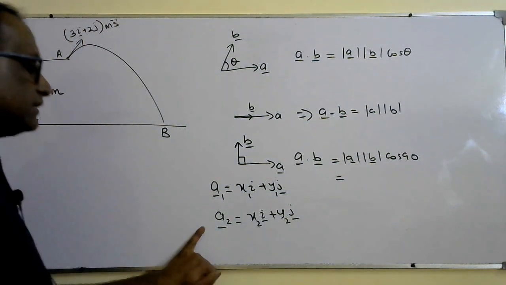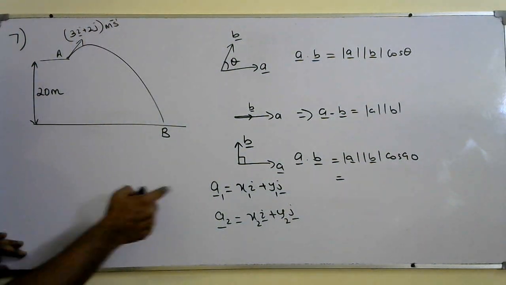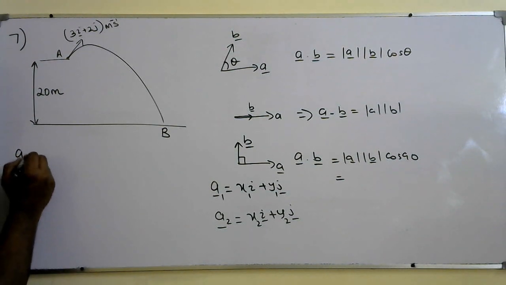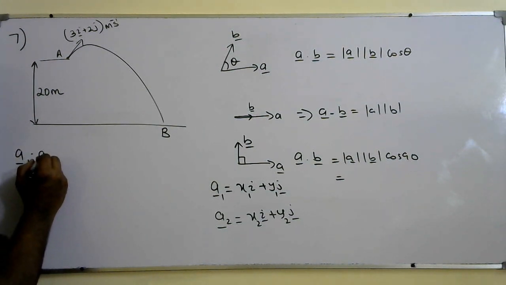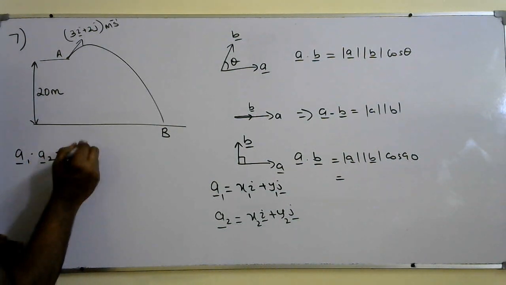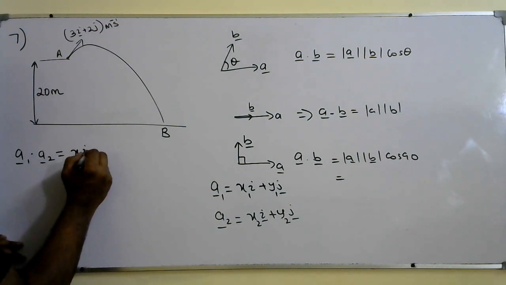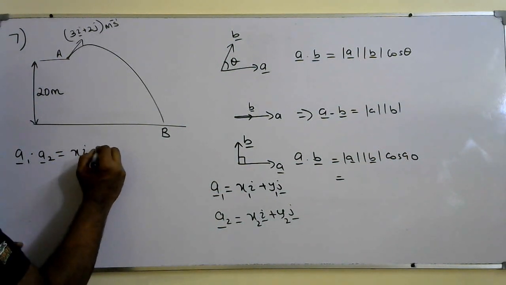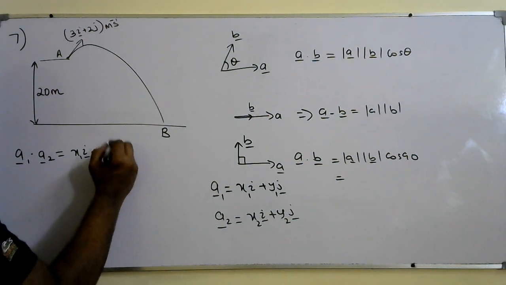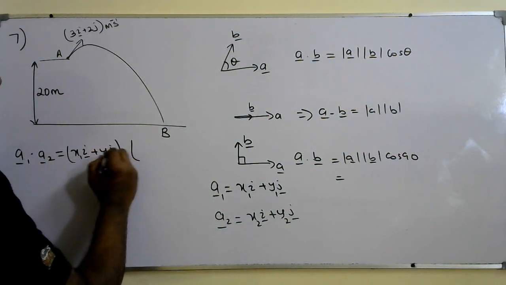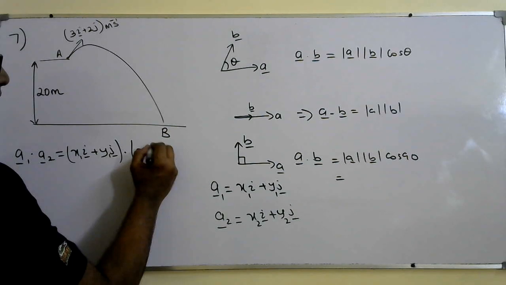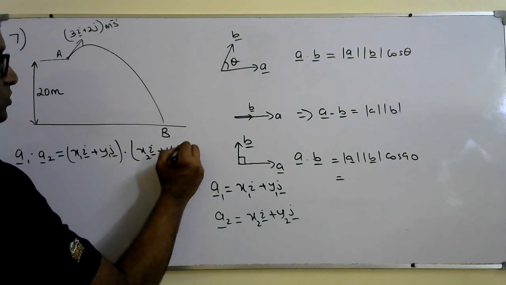How to find a1 dot a2? That is x1 i plus y1 j dot x2 i plus y2 j.